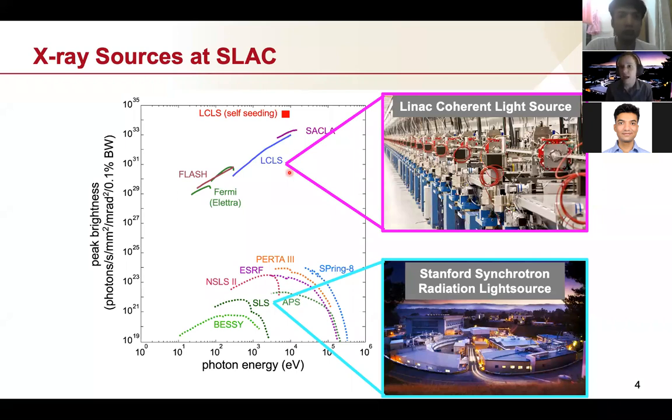However, if you look at the average brightness, it's actually not as good as the synchrotron. They're actually coming up with an upgrade. This is a little older plot. The upgrade will have both a high peak brightness and high average brightness as well. Down here on this log scale are a bunch of synchrotrons around the world.